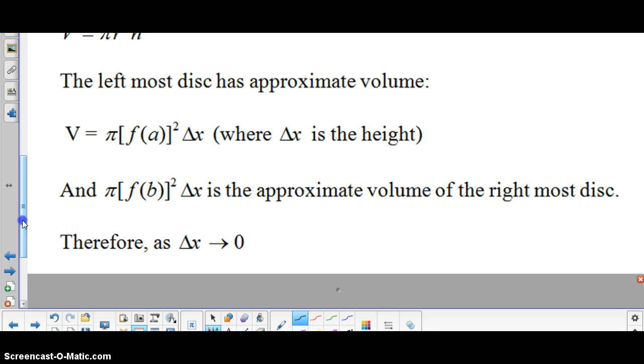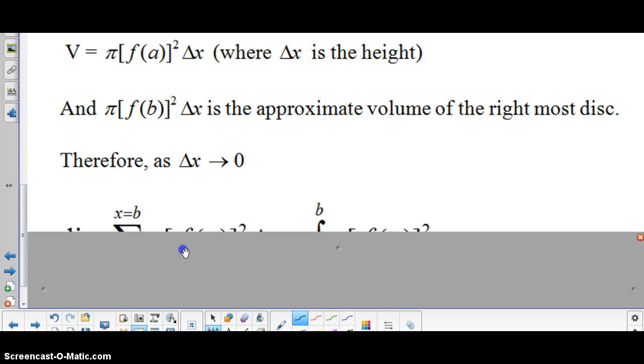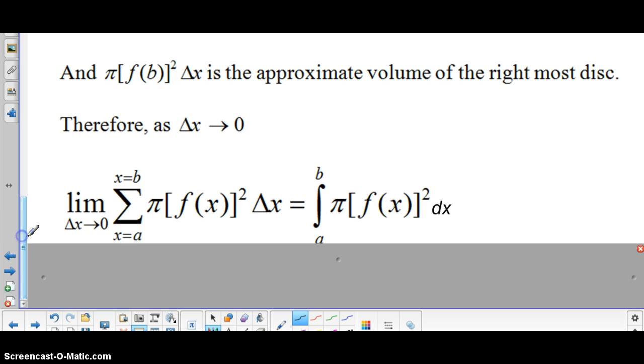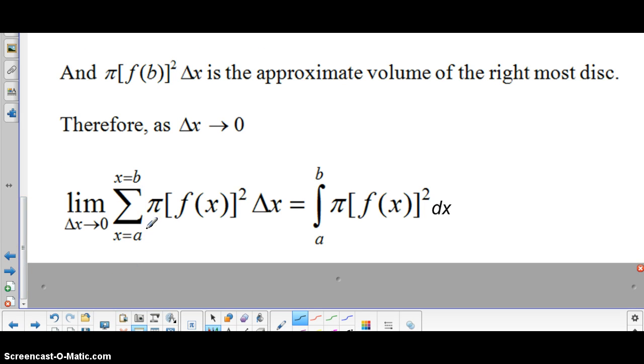As we look at our change in x approaching 0, thinking of it as a limit, we will have our summation when x is a to when x is b. Same thing, we're going to be finding our integral. We take the limit as the change in x approaches 0, and it is the integral from a to b of pi times f of x squared dx.